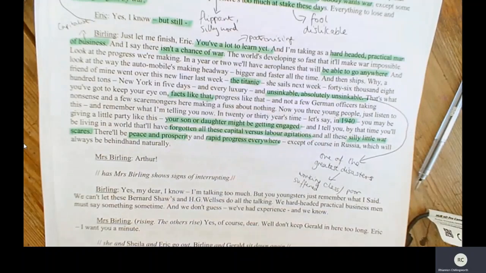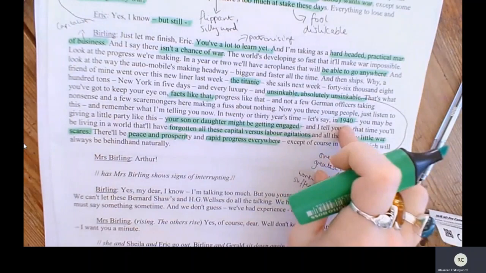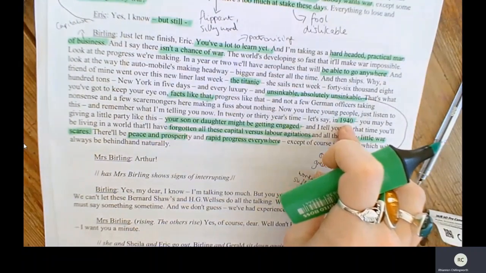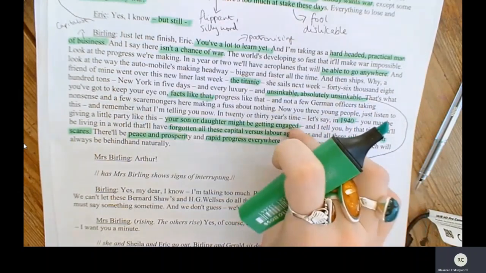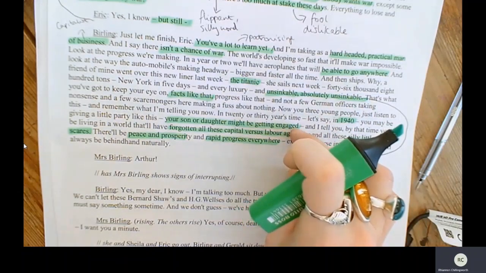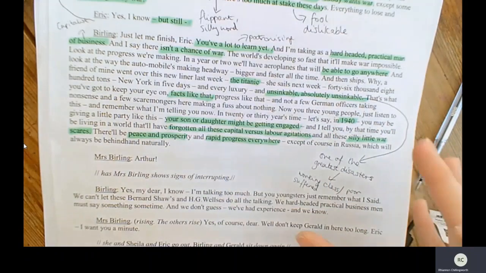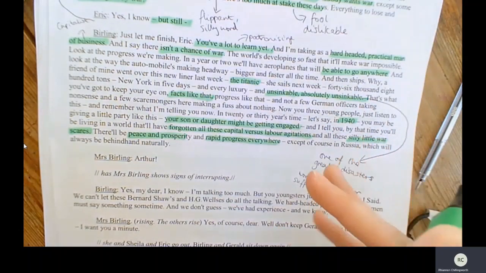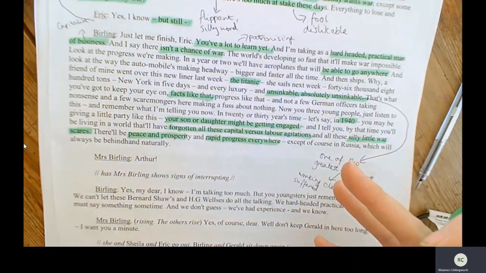So, Priestley, again, is being very clever and emotionally manipulative here. We know that the audience in 1946 would have suffered, again, devastation in World War II. If anyone is getting engaged in the 1940s, they would not have forgotten all of the miners' strikes, the rise of trade unions, all of the troubles that happened there.